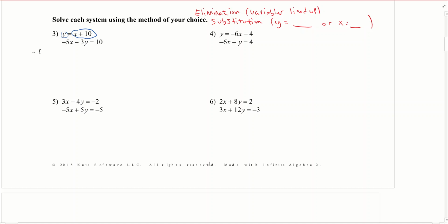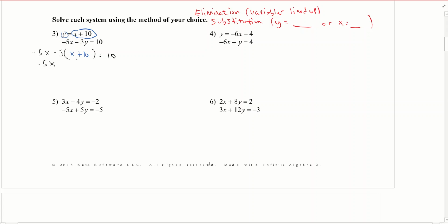So this is going to look like this, -5x minus 3. Instead of writing y, I'm going to write x plus 10, and the rest of the equation is still the way it was. Now notice that the only variable left is x, and so I can solve this equation for x using techniques that we've learned in the first few weeks of class.